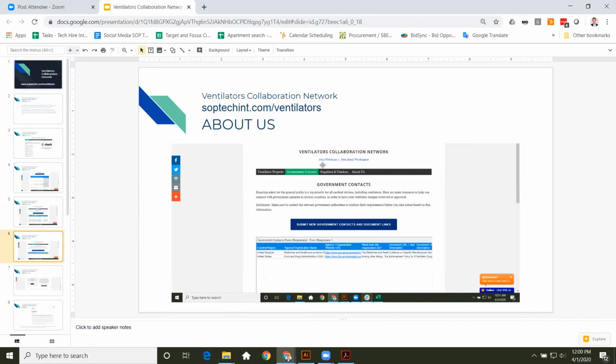We may eventually also add information here or a link for people that are interested in participating in trials for these different products, and also testing, which might go under the suppliers and vendor side of things. And eventually use of this, so we can understand the demand a little bit better, because we are assuming, I think, a lot of things right now in terms of demand, and especially with third world countries, but we're not really sure yet. So it might be good to have a better sense of that.